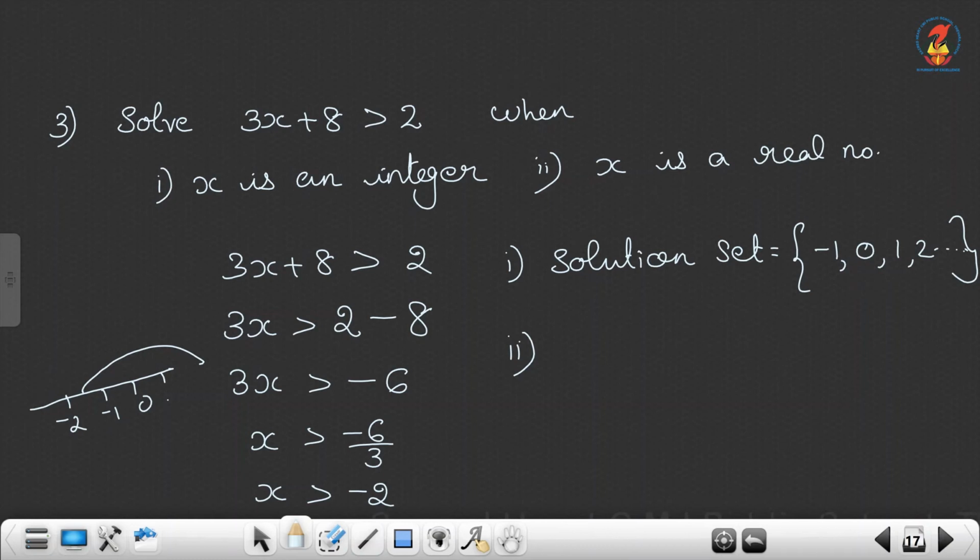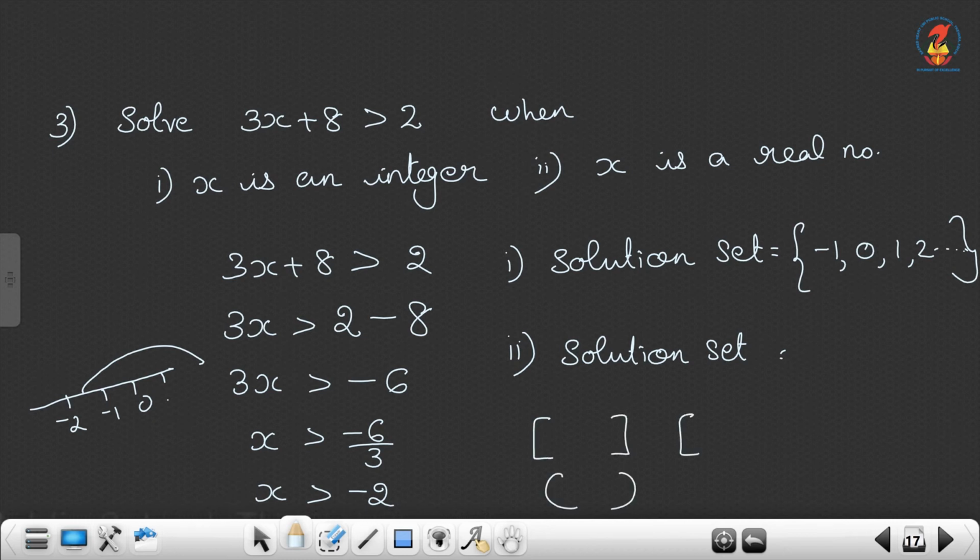Second one, x is a real number. For real numbers we can use intervals. That symbol, closed or open, right open, left open. These 4 intervals we can use.